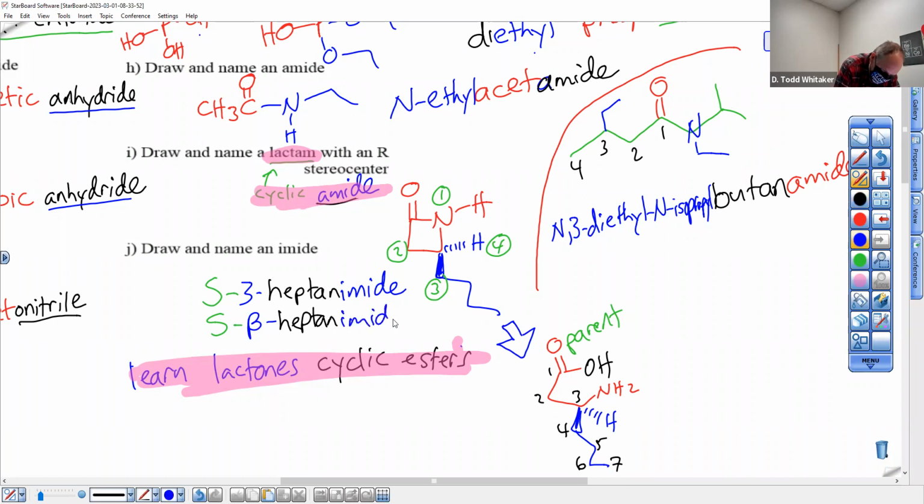S-beta-heptanamide. What's beta mean? Next alpha. Where's alpha? And I'm going to go with the black, the blue here. That's alpha, that's beta, and that's where it's closed up into a ring, isn't it? So beta lactams, gamma lactams, delta lactams, epsilon lactams.